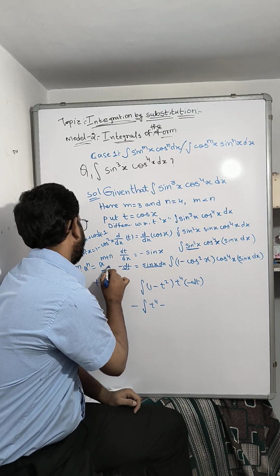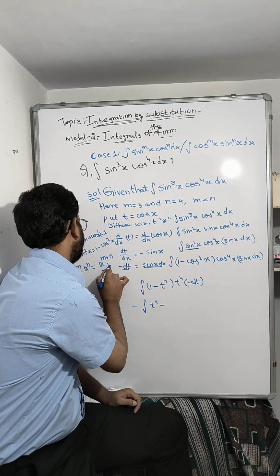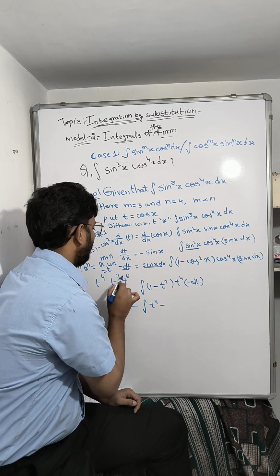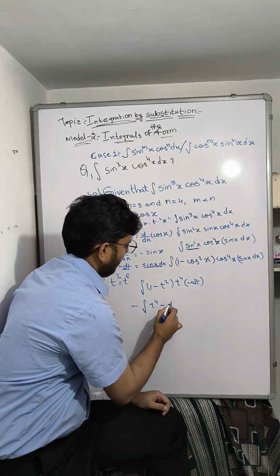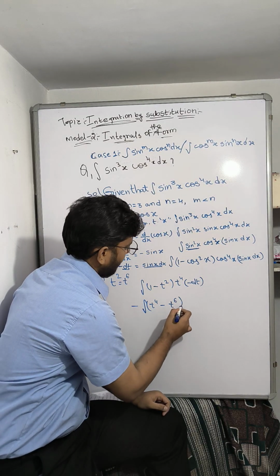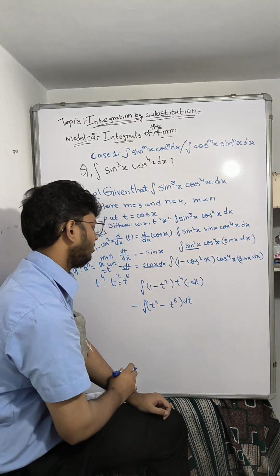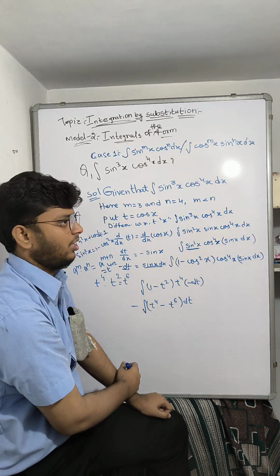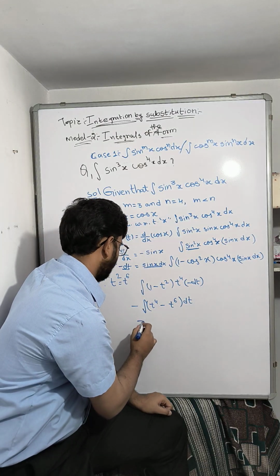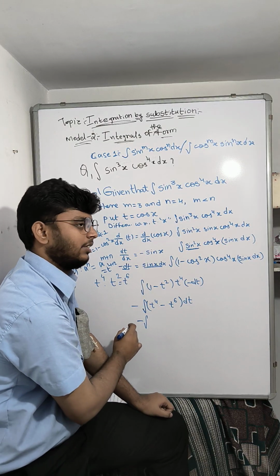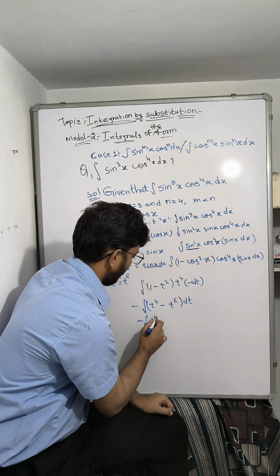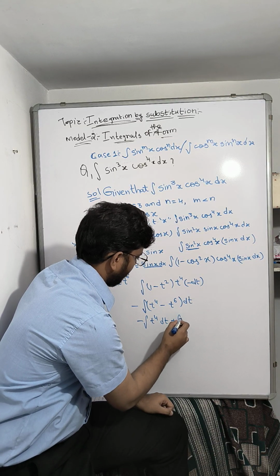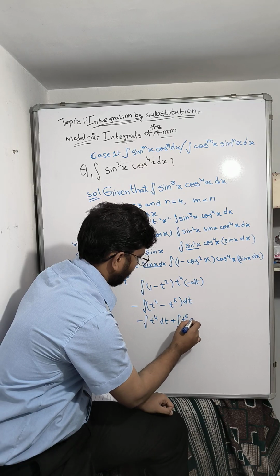Now t to the power of 4 plus 2, that is 6. Now we can write t to the power of 6 here and dt. Now this minus has to come inside of the integral. Integral minus integral t to the power of 4 dt, minus minus plus integral t to the power of 6 dt.